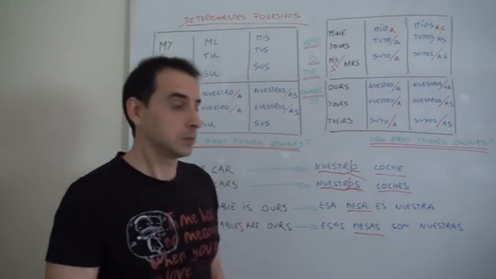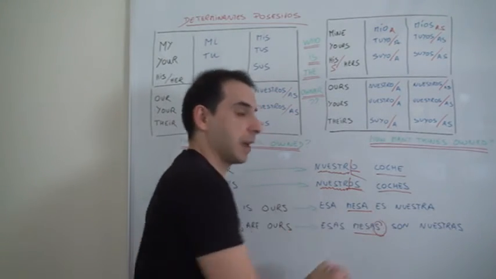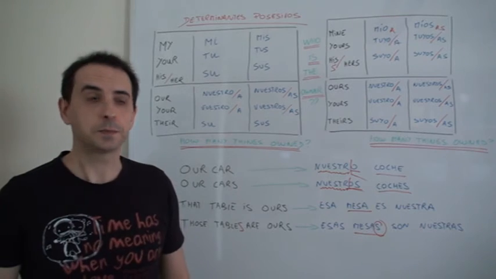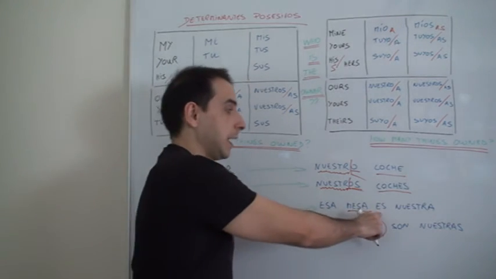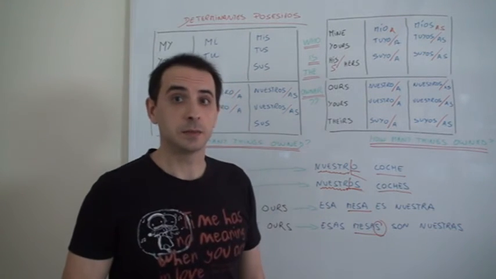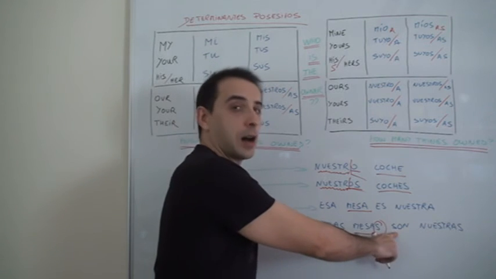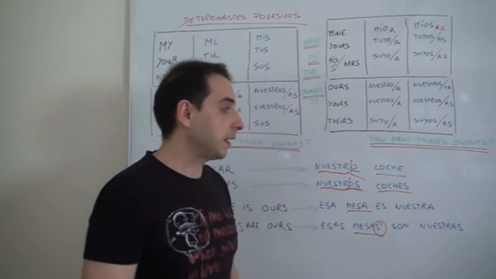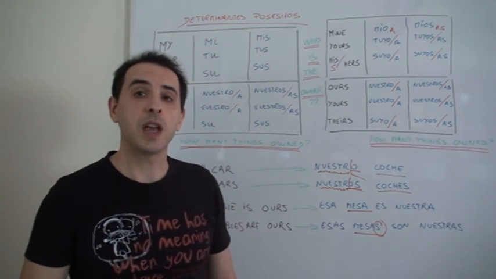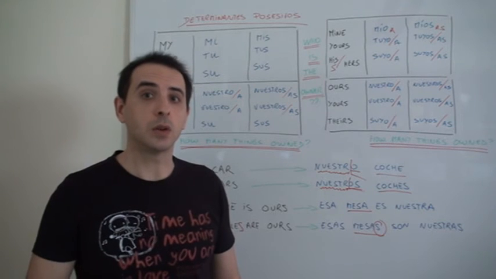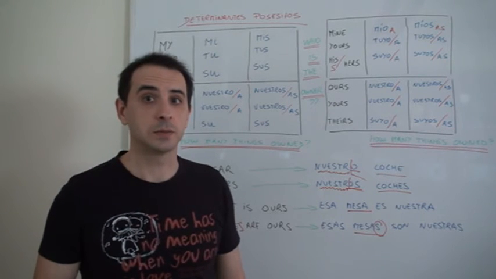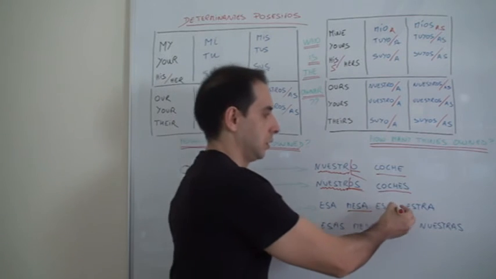Like in English, we use the S, remember that? Es, that is, are, son. Then you have to say nuestra or nuestras.